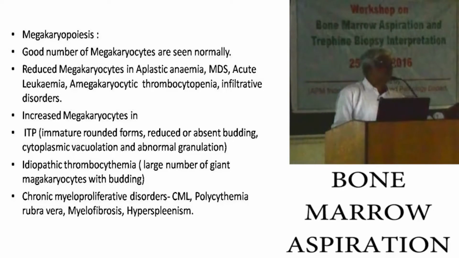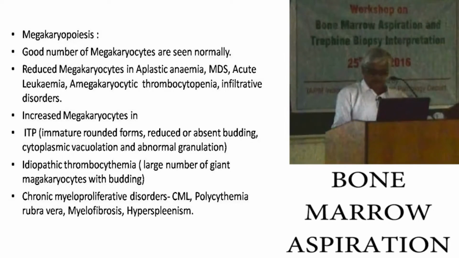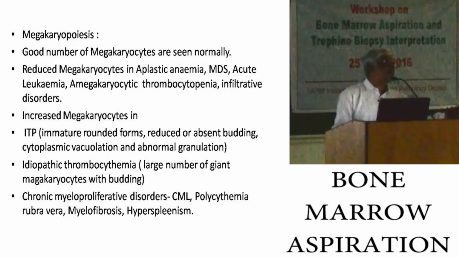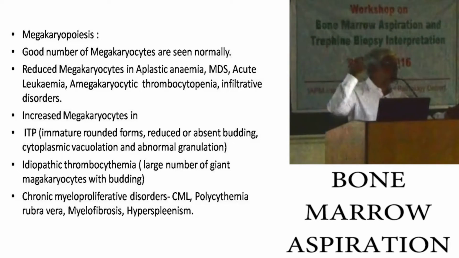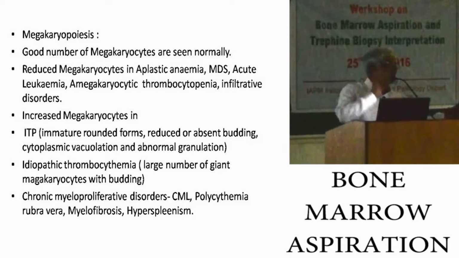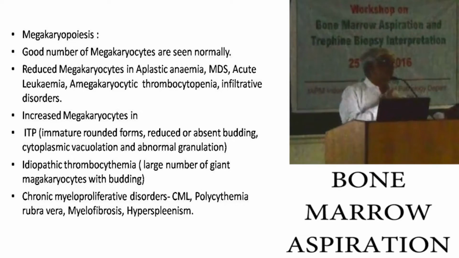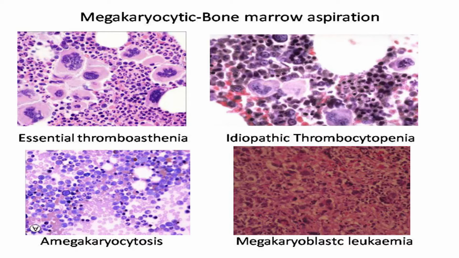Polycythemia also, myelofibrosis, and hypersplenism is reactive. So all the elements which are deficient or being destroyed in the spleen, though not necessarily all the elements will be destroyed in all cases of hypersplenism. That's why it is a very difficult diagnosis.